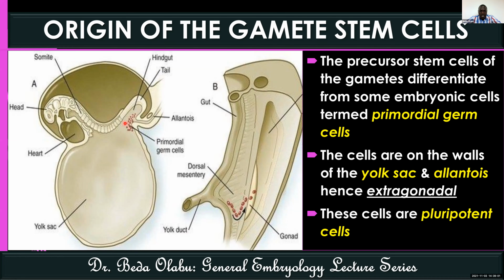The primordial germ cells are pluripotent. I want you to understand the meaning of that. It means that they have the capacity of becoming multiple tissue lines. Yes, they're designated to become the gametes, but they can also become another thing. They can be bone tissue.